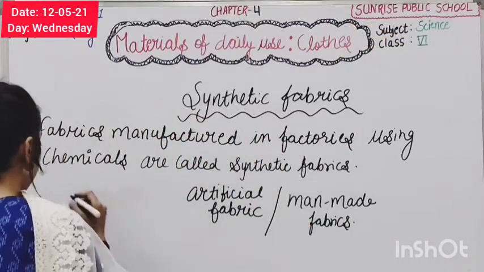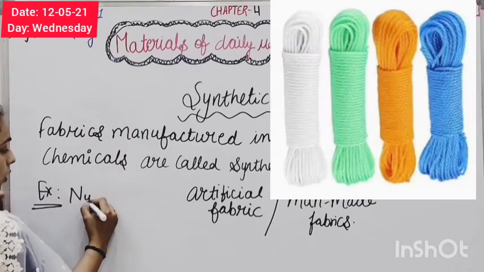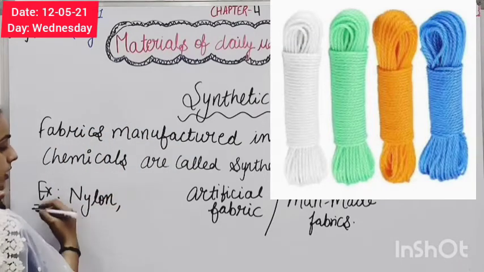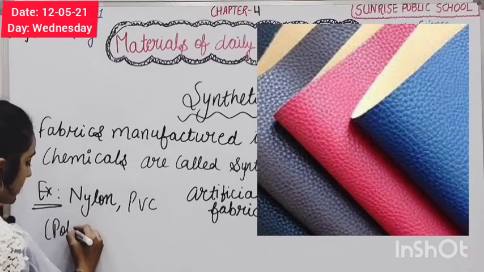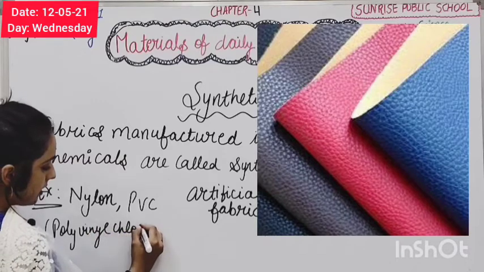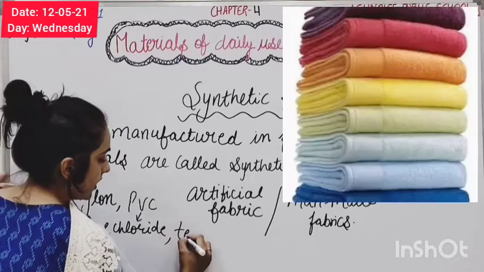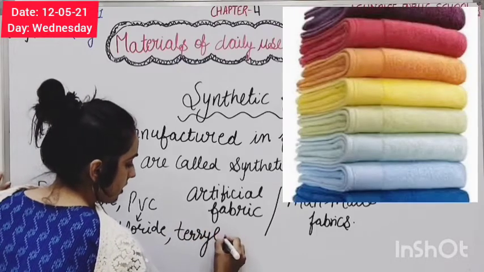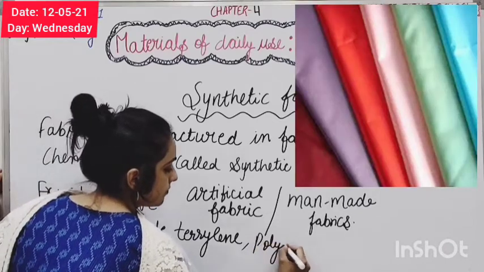For example, some examples of synthetic fibers are nylon, PVC, that is polyvinyl chloride, terylene, and polyester.